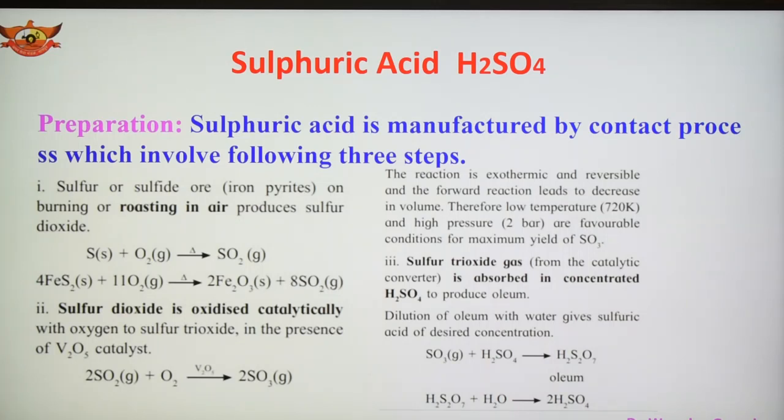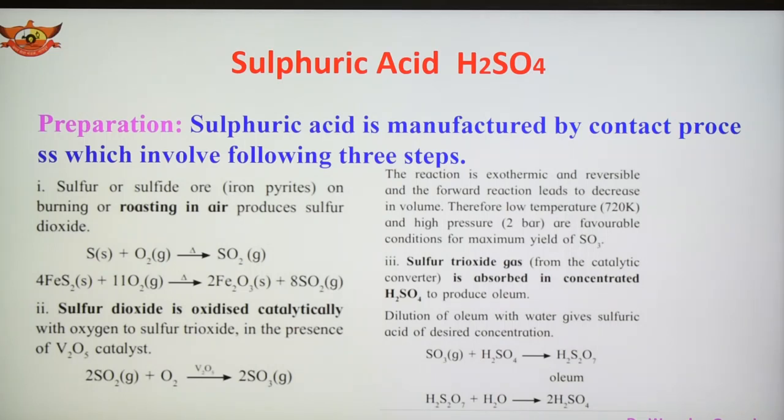So in the first step we obtain SO2, and in the second step, starting from SO2, it gets oxidized in the presence of the catalyst and we get sulfur trioxide, SO3.